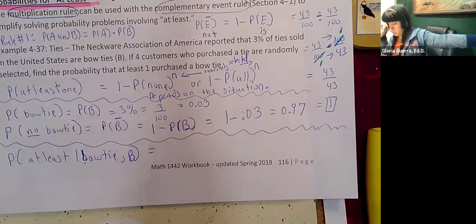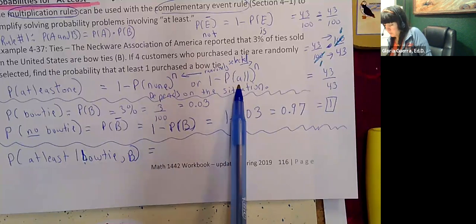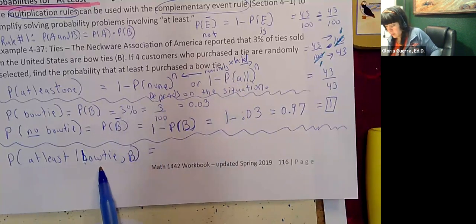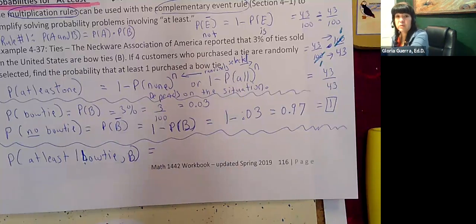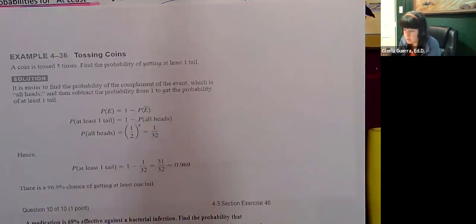So for at least, if I think about using one of these, and I have here bow tie, what's helpful is what's on the next page. On the next page, they have 2 more problems, but this I think is very helpful.